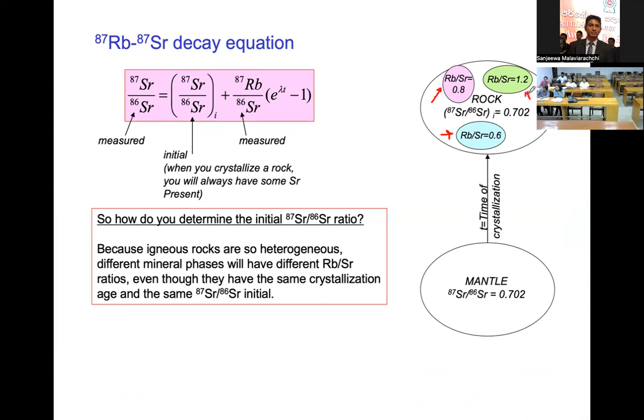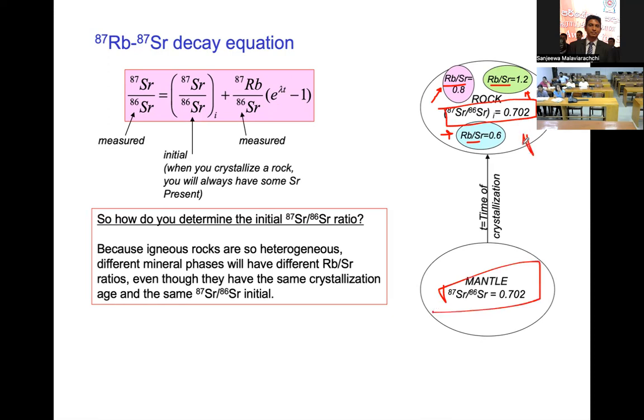You remember the partition coefficient, right? Depending on the partition coefficient, the amount of rubidium and also the amount of strontium can be variable in different minerals. But the entire rock, the whole rock, will be equivalent to the original source.